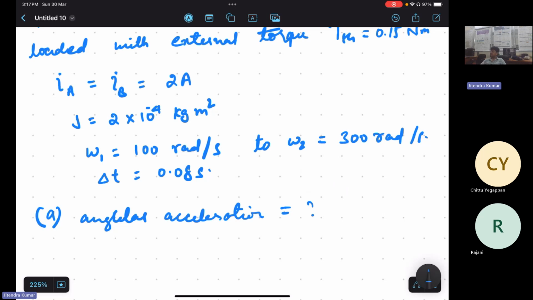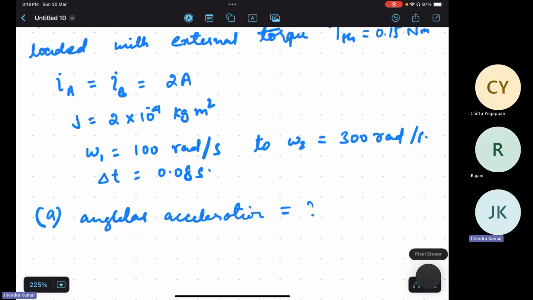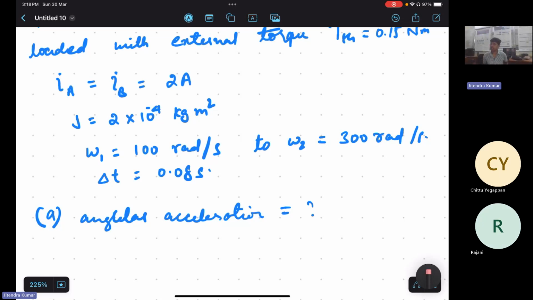Can you find it? What should be the expression for angular acceleration here?